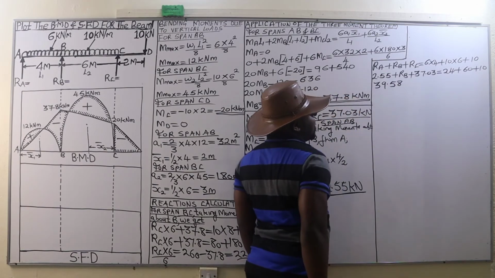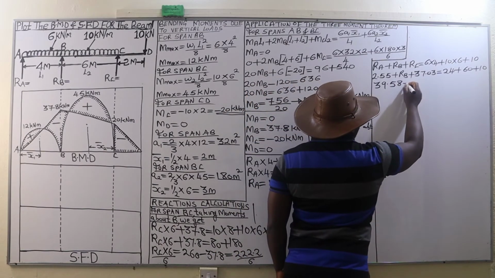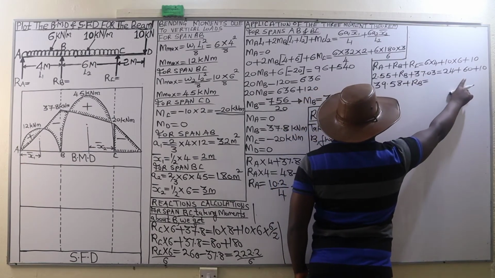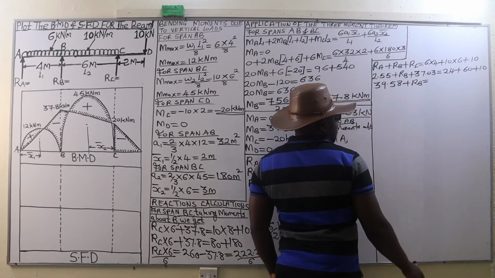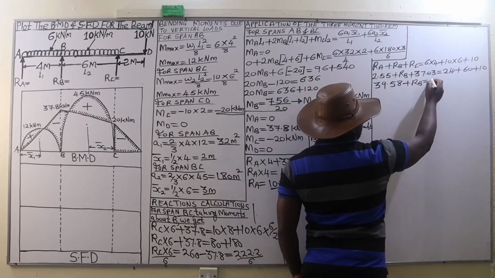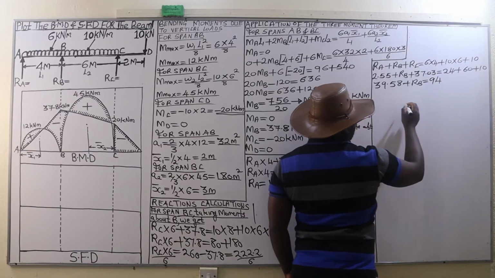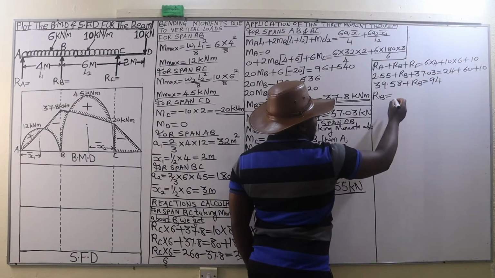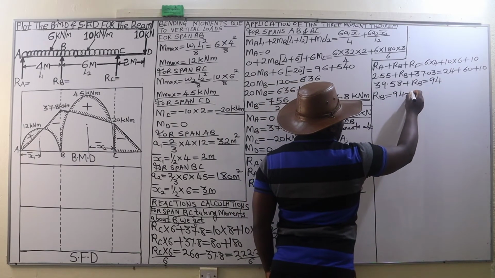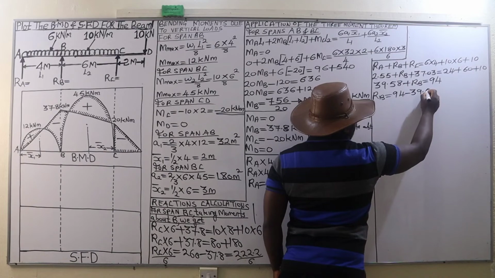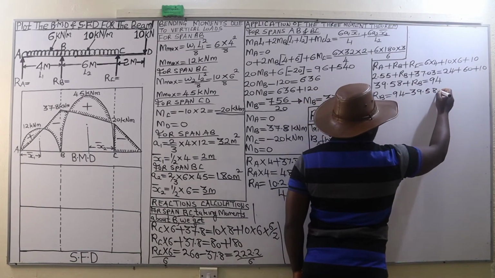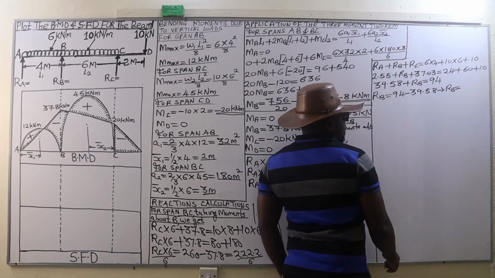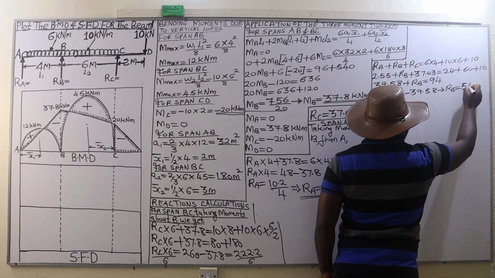So we got 39.58 plus RB, which is going to be equal to 24 plus 70, that happens to be 94. So we got 94. And that is going to give us the reaction at B, 94 minus 39.58. And that is going to be equal to reaction at B, 54.42.